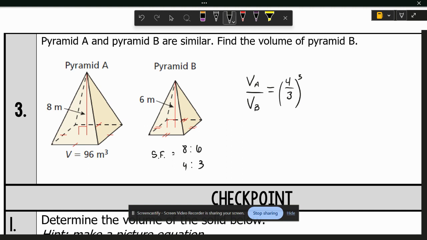And since it's volume, it's a cube, so 4/3 cubed. All right, so let's plug in. So we've got 96. 96 is equal to the volume of B is equal to 64 over 27.